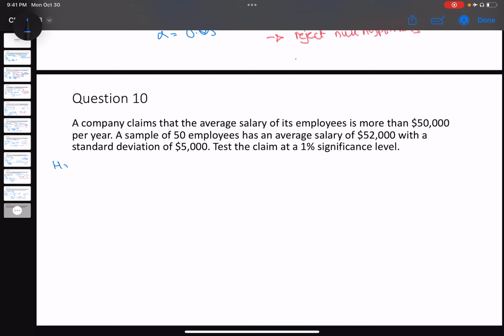Again, null hypothesis and alternative hypothesis. The null would be salary equals 50,000 per year, and the alternative is the salary is more than 50,000.